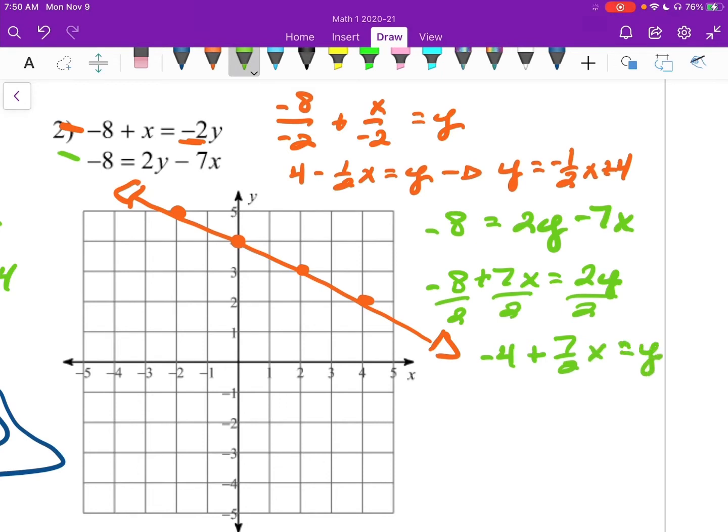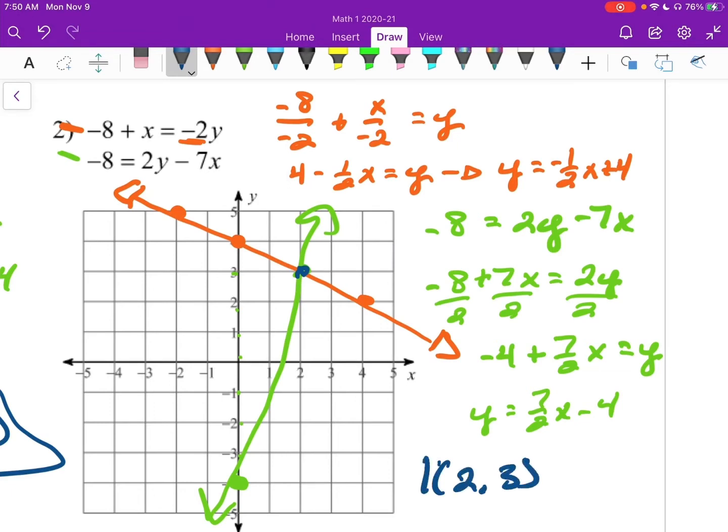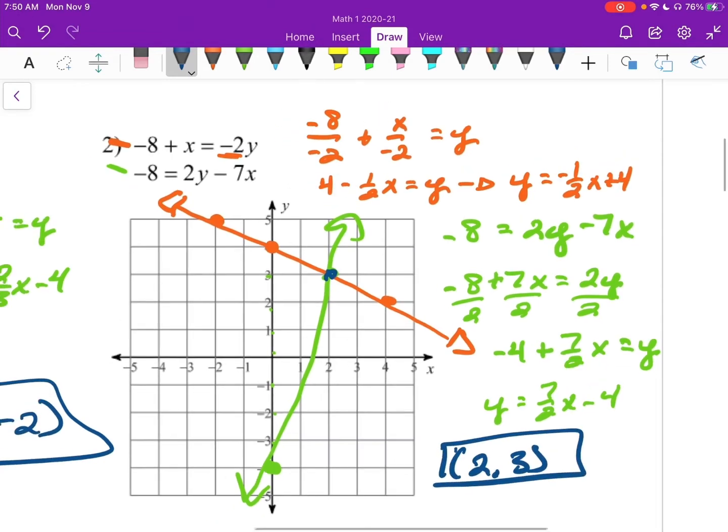Or I could rewrite that as y equals 7/2 x minus 4. So my intercept is at -4. I go up 7. 1, 2, 3, 4, 5, 6, 7, and right 2. That's a beautiful line, I know. And there's my intercept. That is at the point 2, 3. There we are.